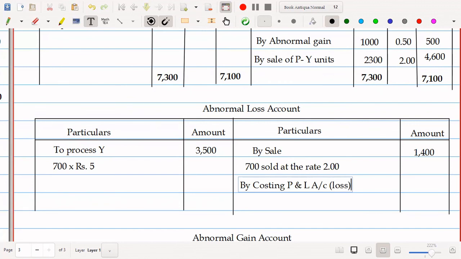There has been some loss which is recovered by this scrap value, and 2,100 will be the loss. Now see the total of both sides. It comes to 3,500 and this side 3,500. This is how you prepare the abnormal loss account.